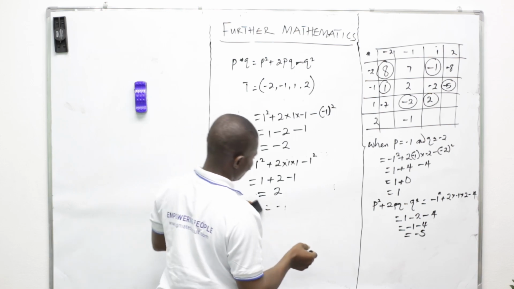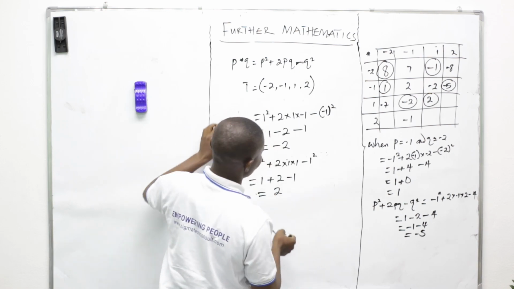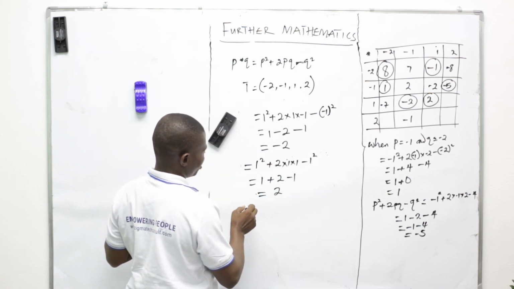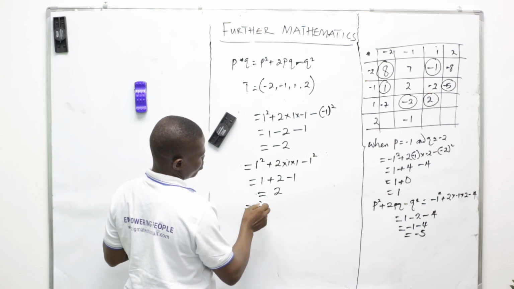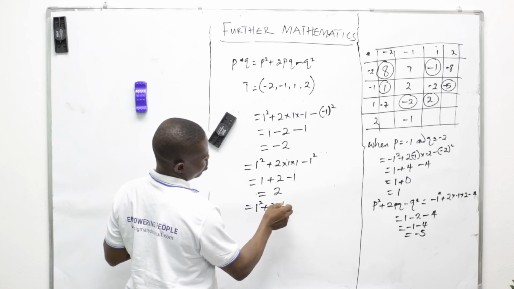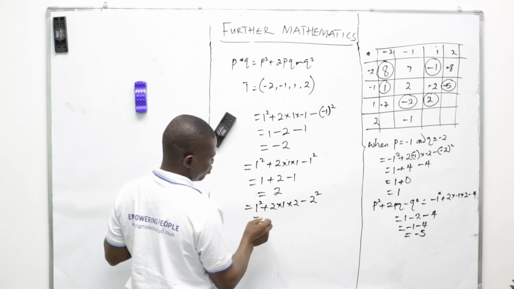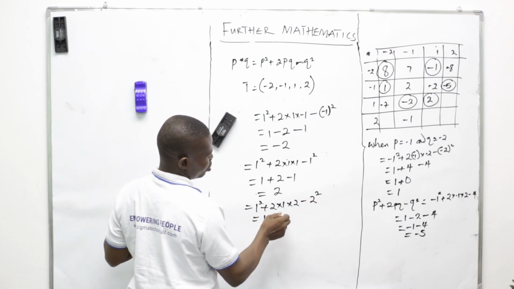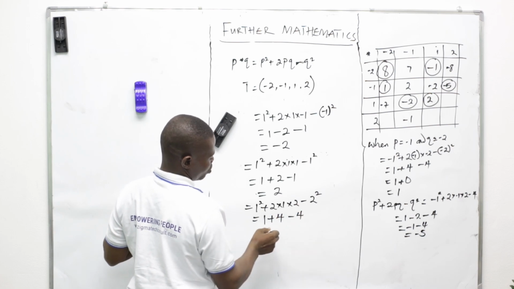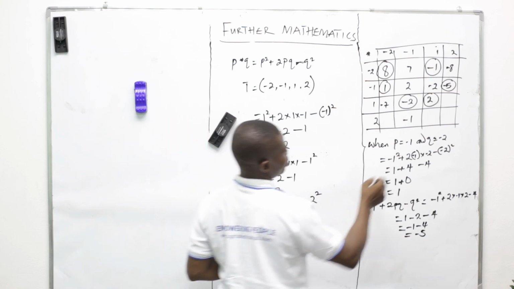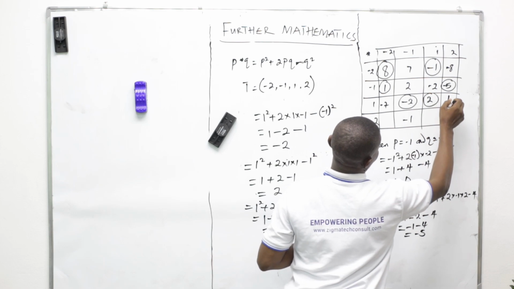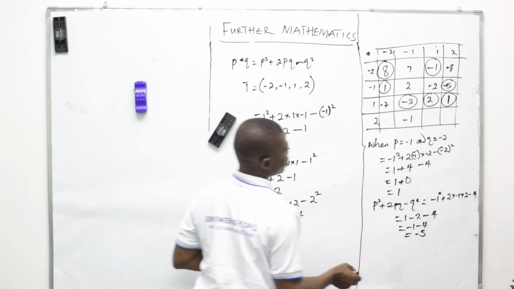Then when P is 1 and Q is plus 2, we have that 1 squared plus 2 times 1 times 2 minus 2 squared to give us 1 plus 4 minus 4 equals 1. You write 1. Circle it.